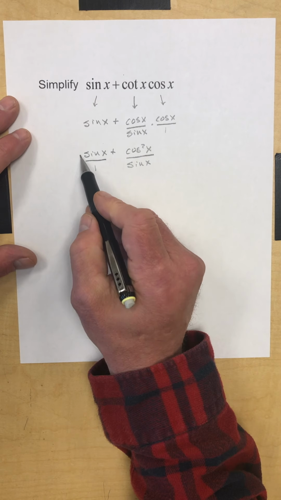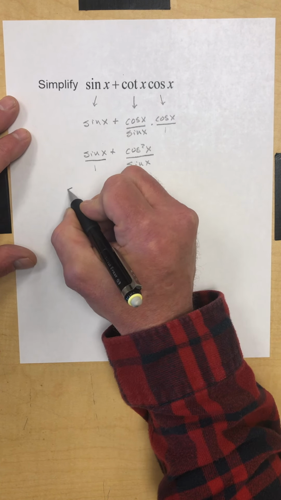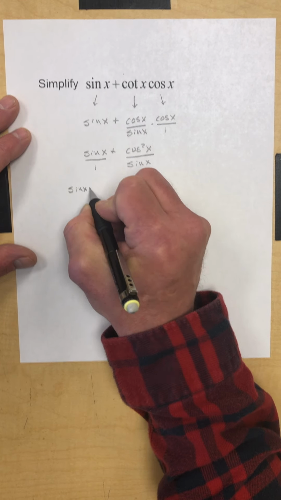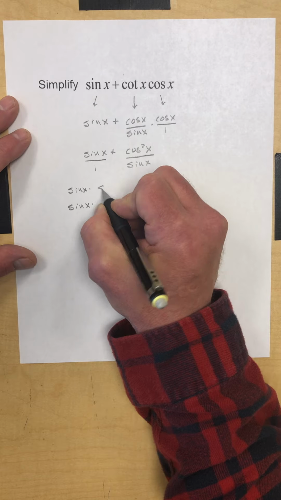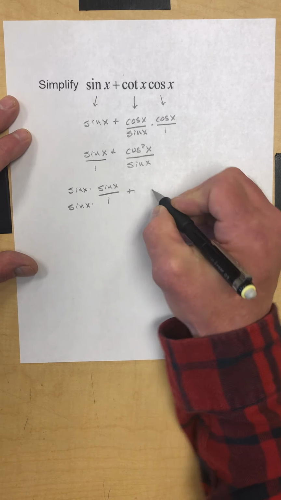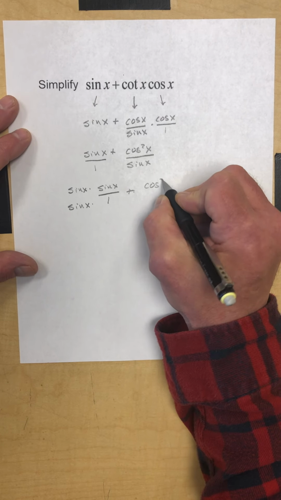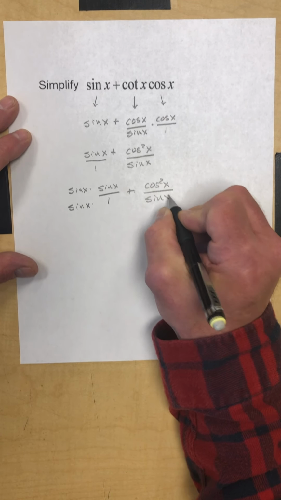I would have to multiply above and below here by sine of x. So I take sine of x times sine of x over 1, plus I have this cosine squared of x over sine of x.